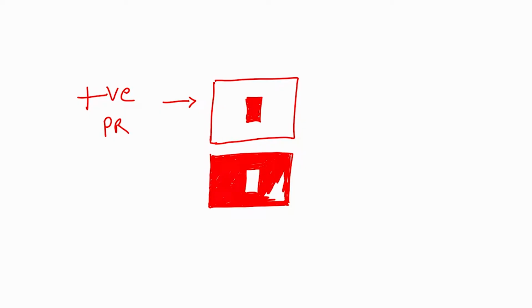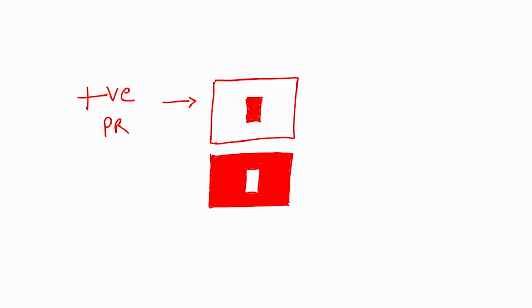Now what I want to show you is what will happen if I use a positive photoresist with my dark field mask and with my bright field mask, and what will happen if I use a negative photoresist with my bright field mask and dark field mask.